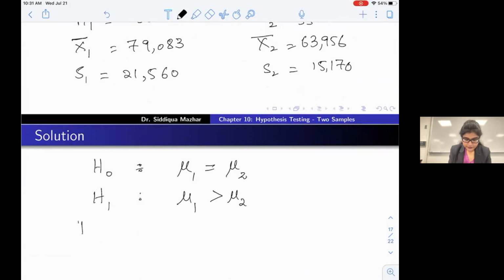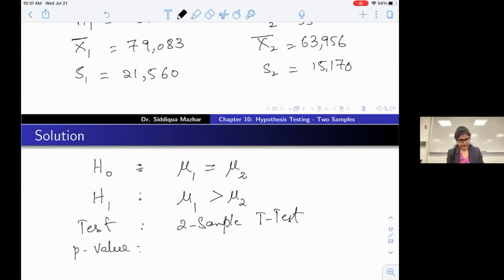So now you have to choose which test. As the sample standard deviation is given, you will choose the two-sample t-test in this case. Now I will look for the p-value using my calculator. So again, press stat, go to tests, two-sample t-test on number 4.